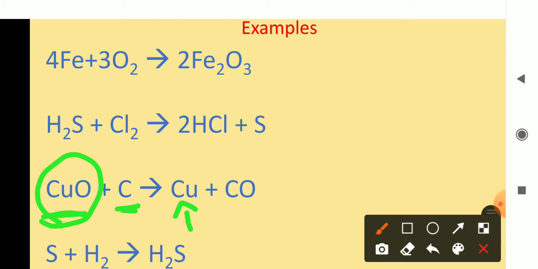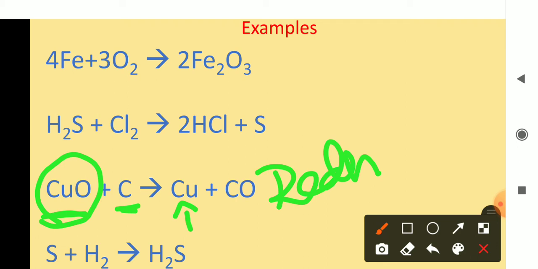Removal of oxygen is called reduction. So this reaction is an example for reduction process. CuO plus C gives Cu plus CO. So reaction number 3 is an example for reduction process.